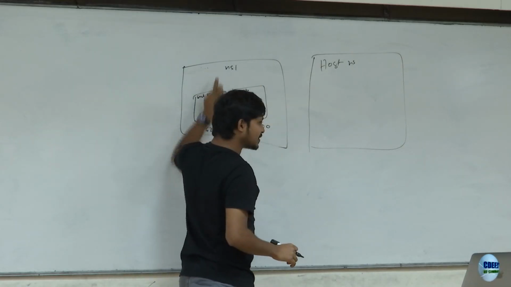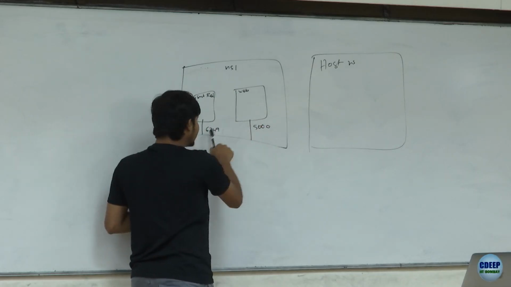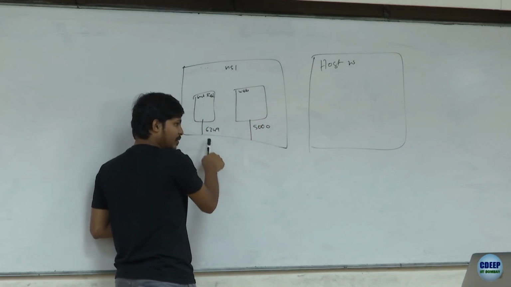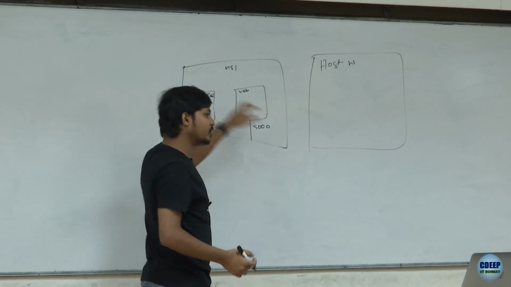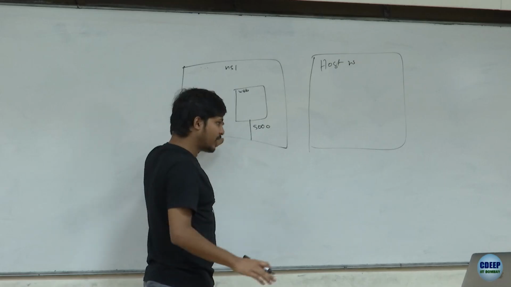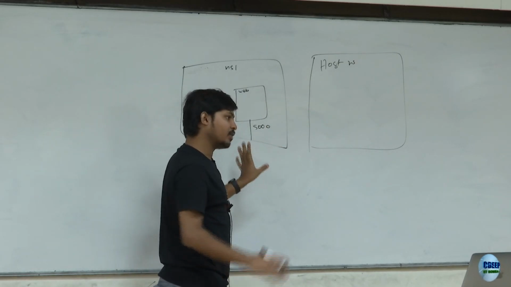Now they both share the same namespace. Since they share the same namespace, if you communicate using localhost 6379, it will be accessible, because you are not communicating with Redis from outside, you are communicating with your own machine. But from your host namespace, you will not be able to communicate at all initially.